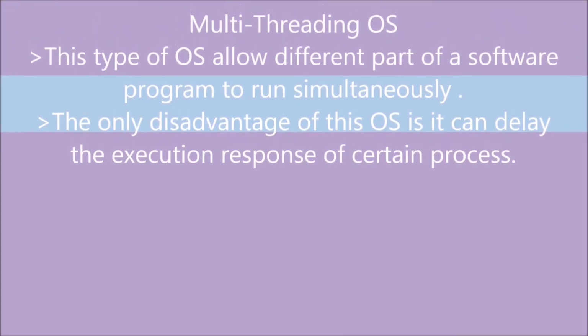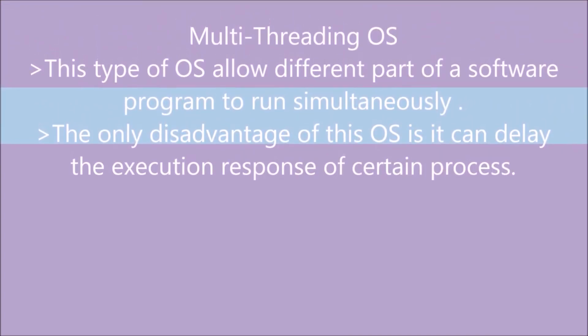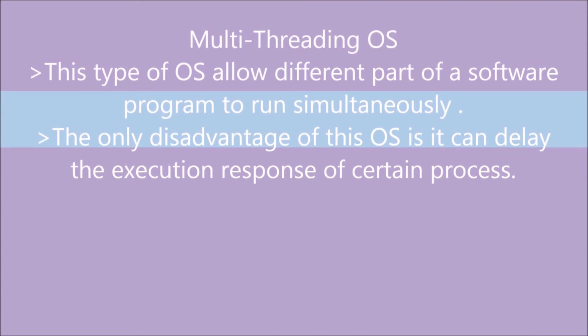Multi-threading operating system. This type of operating system allows different parts of a software program to run simultaneously. The only disadvantage of this operating system is that it can delay the execution response of certain processes.